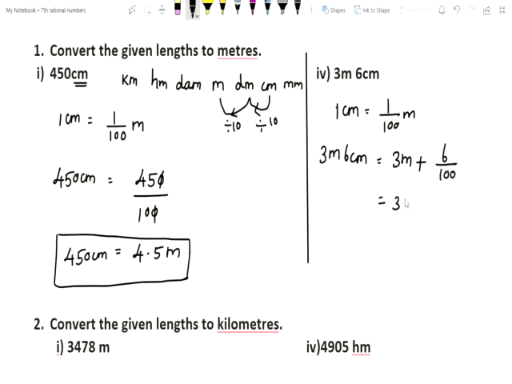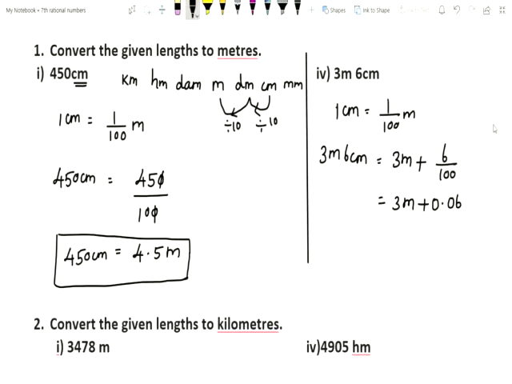Here 2 zeros are there. So 2 decimals you want to keep. Just add the zeros and keep the decimal. Because divided by 100, 2 zeros are there. While dividing by 100, we have to keep 2 decimal places.